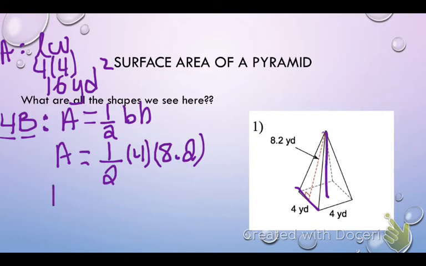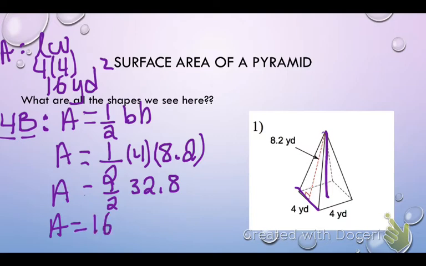All right, so we keep multiplying out. A equals 1/2 times 4 times 8.2, which equals 32.8. Divide by 2, A equals 16.4. Okay, but remember there are 4 of them, so we need to multiply that answer by 4.